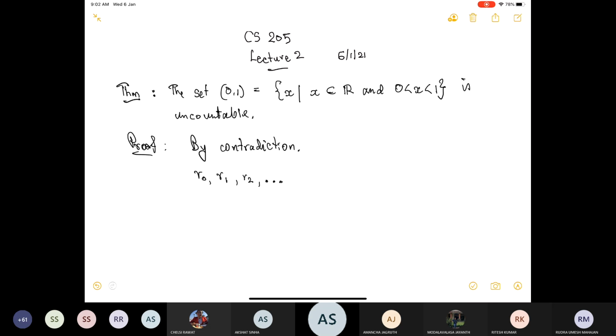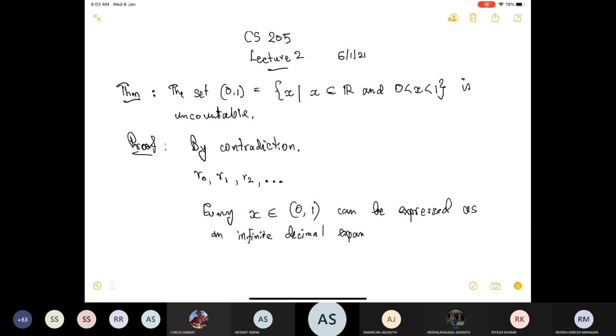And we are going to use the fact that every real number between 0 and 1 can be expressed. So every x in this set can be expressed as an infinite decimal expansion.